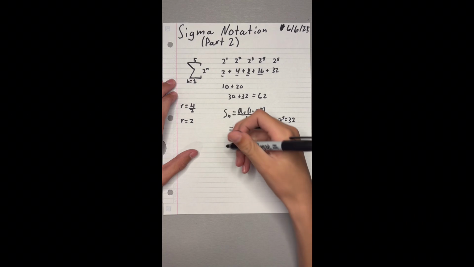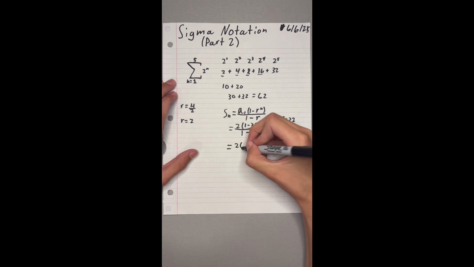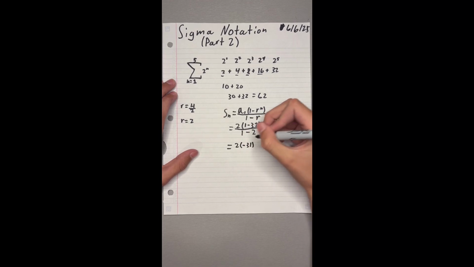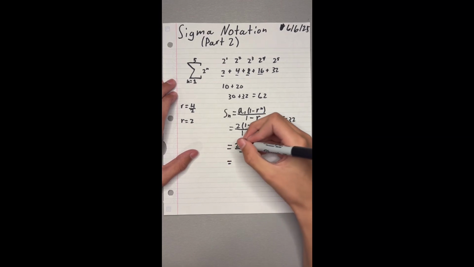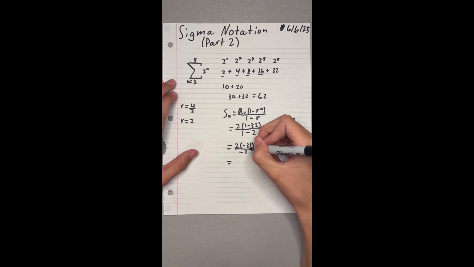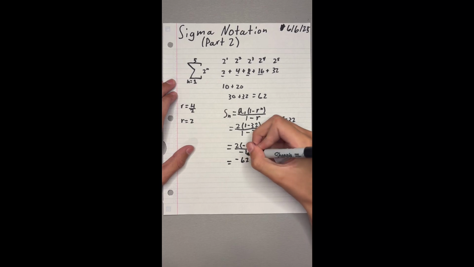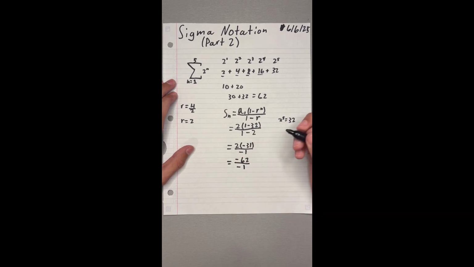So let's simplify this down. This is the same thing up here as 2 times 1 minus 32, which is negative 31, over 1 minus 2, which is negative 1. 2 times negative 31 is negative 62, and negative 62 over negative 1.